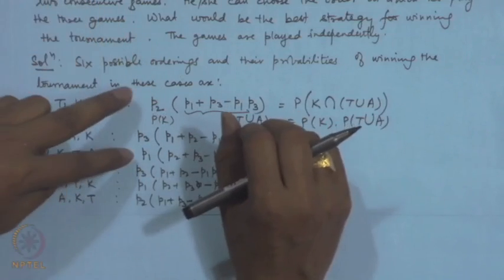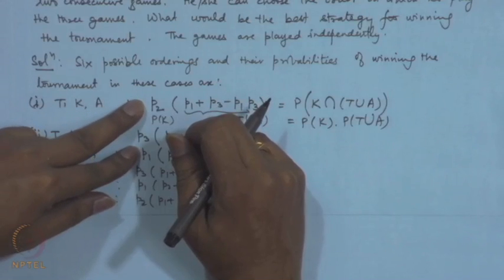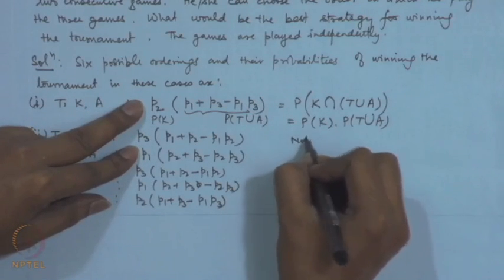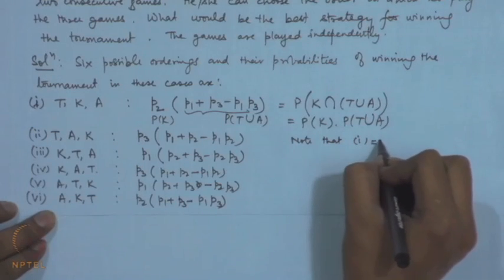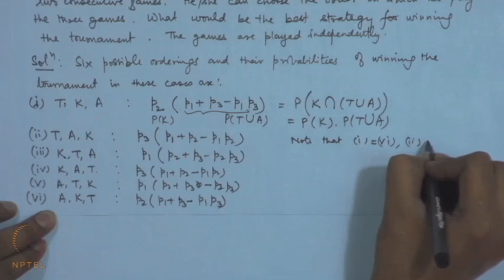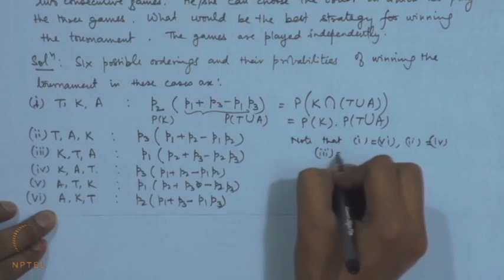So, basically we have to compare 1, 2 and 3. So, if you compare 1, 2 and 3, note that 1 is equal to 6, 2 is equal to 4, 3 is equal to 5.